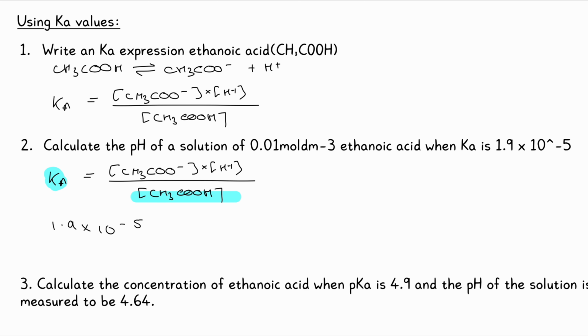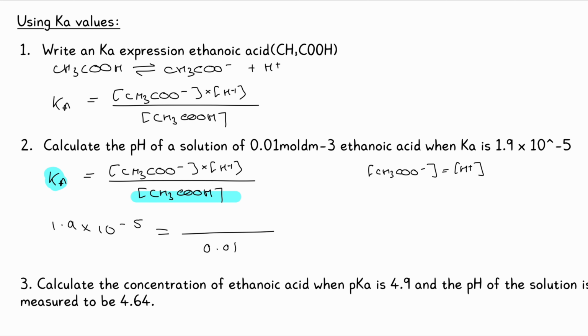But what I don't have is the two values at the top: the ethanoate ion concentration and the hydrogen ion concentration. So we've got to use the concept that we learned just a couple of minutes ago. The ethanoate ion concentration and the hydrogen ion concentration are the same, excluding situations with buffers.